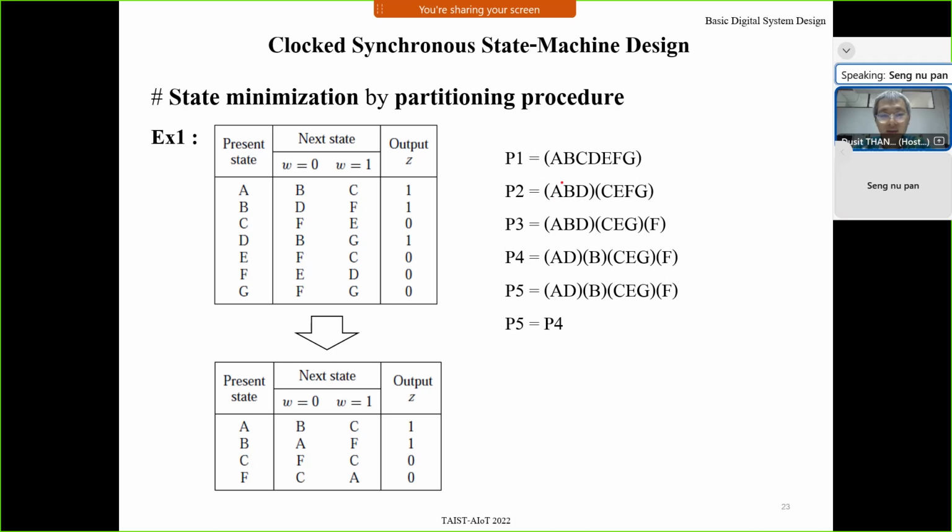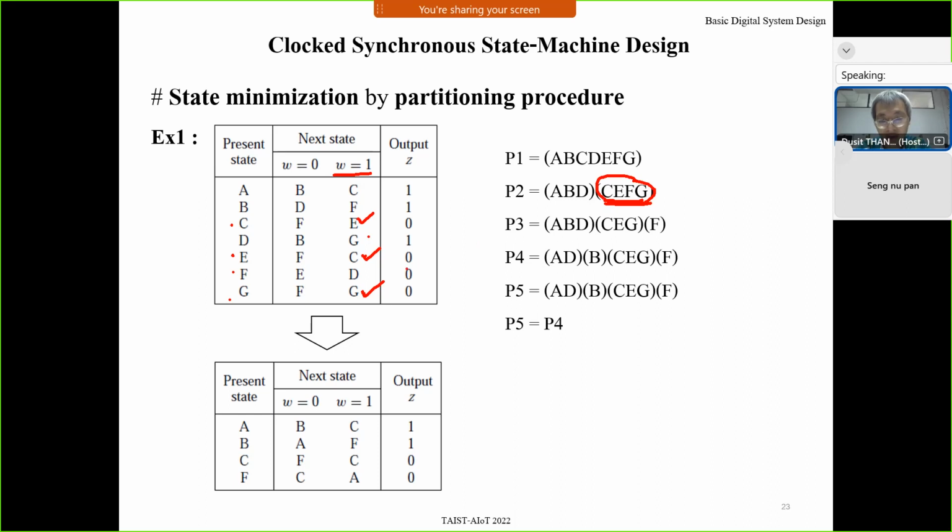Okay, from this to this is okay, right? Now I just consider this group, states C, E, F, G. When input W is 1, you can note that the next state of C is E, the next state of E is C, and the next state of G is G. E, C, G are in the same group, the same block.